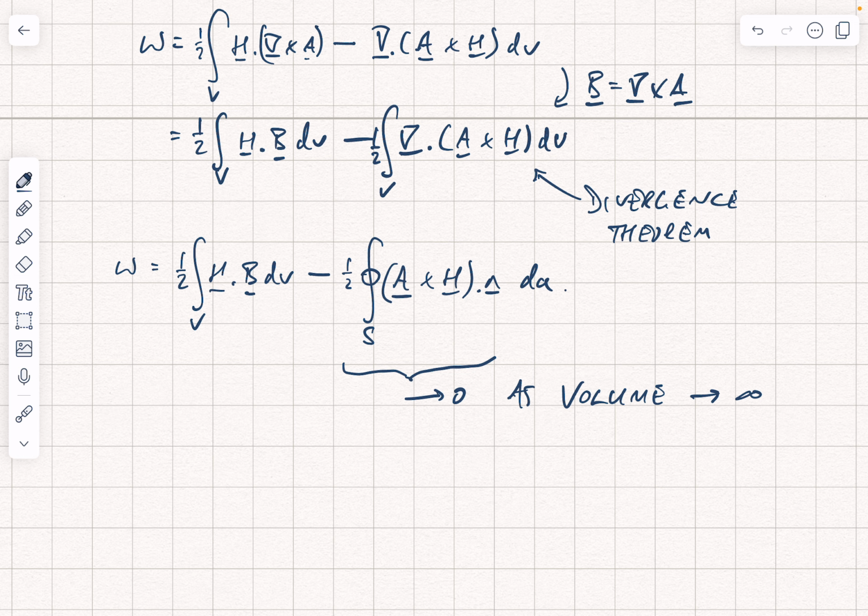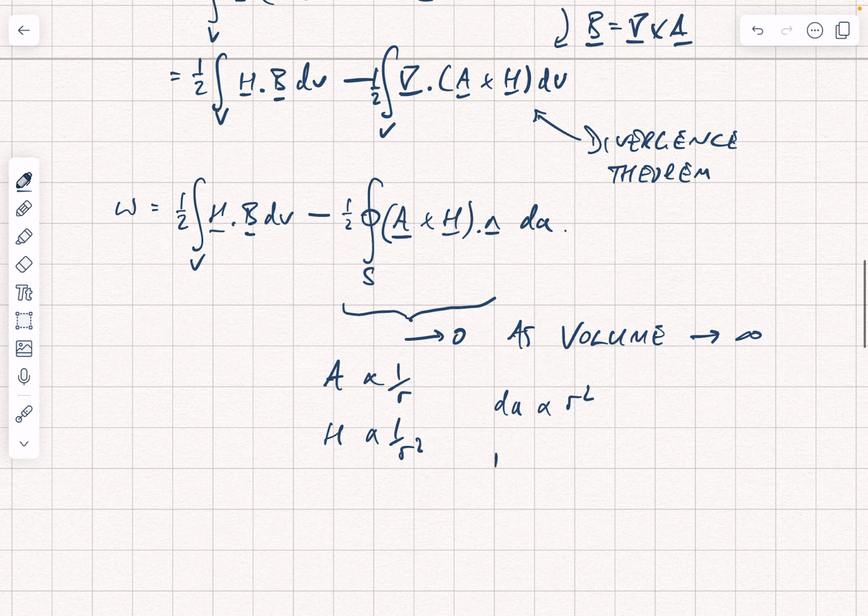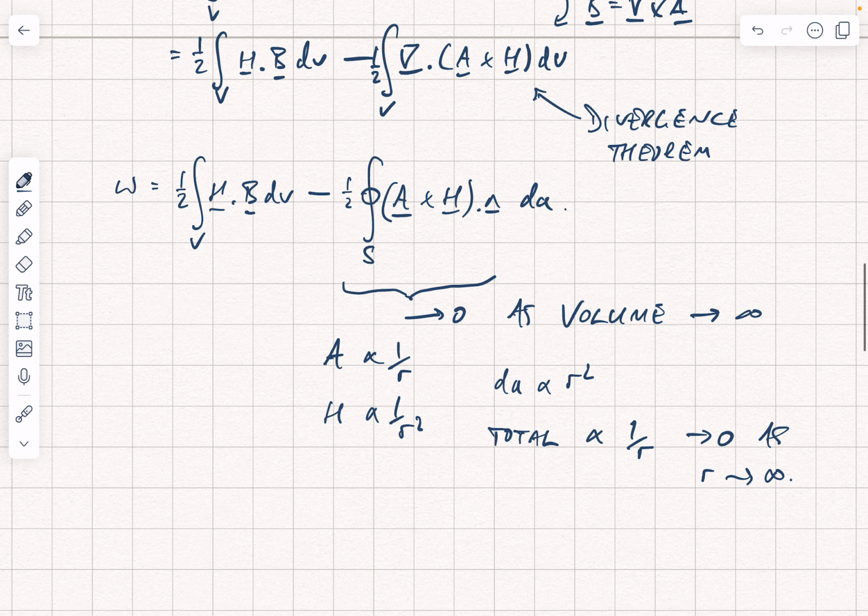The second term, we are expanding our surface area to larger and larger sizes. The point is that A is going to change with 1 over r, H is going to be proportional to 1 over r squared, and dA is proportional to r squared. So the total integral scales as 1 over r, which goes to 0 as r goes to infinity.